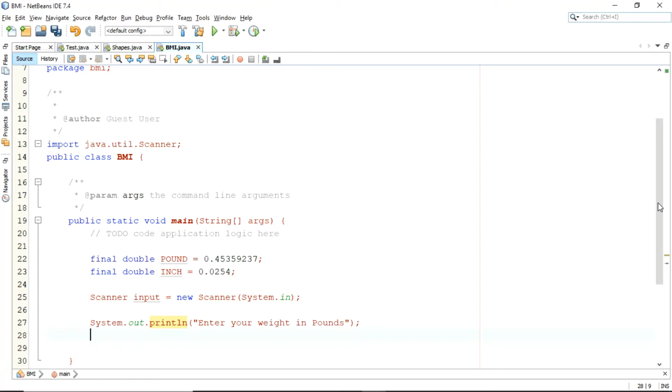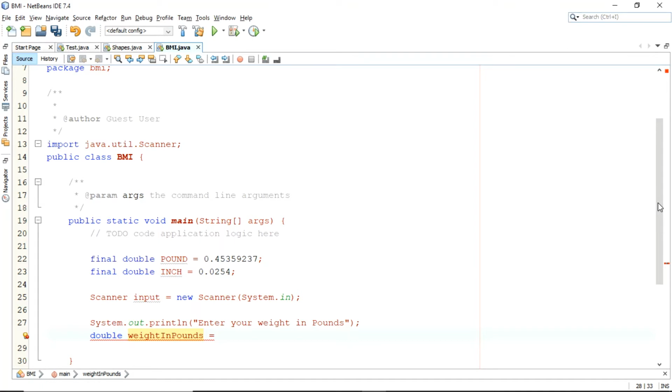So you're going to say double weightInPounds is equal to, now we can't write a value here, but rather we are going to use a Scanner method for handling the double value.